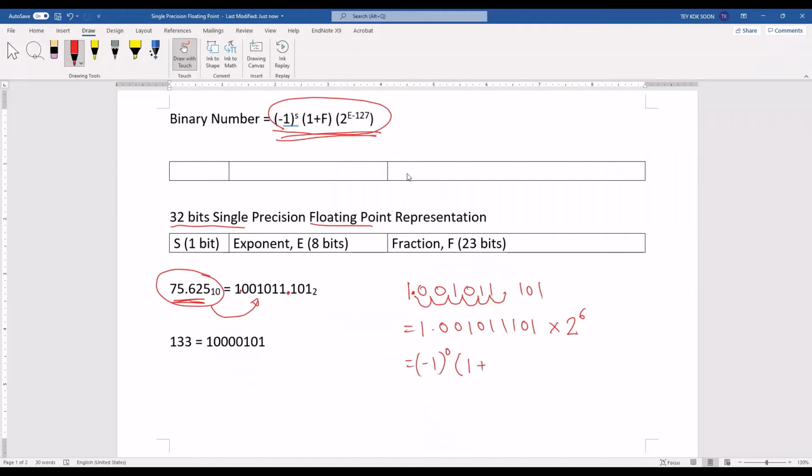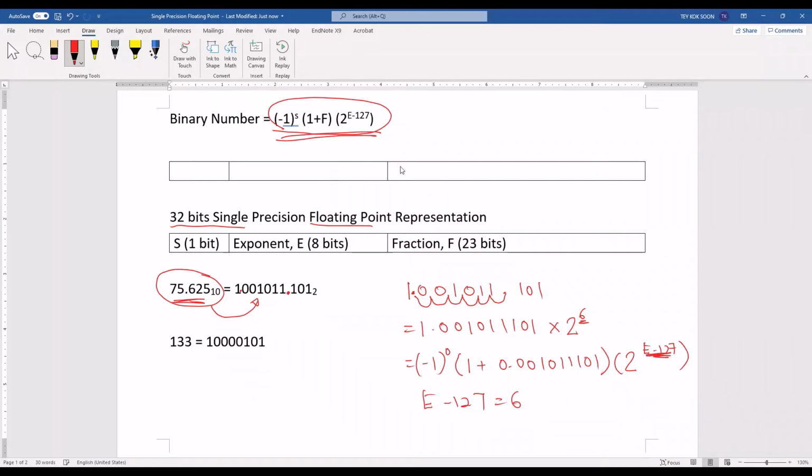So the fraction here is all the digits after the point. So it's equal to 1 plus 0.00101101. This is the fraction. Then multiply with 2 to the power of e minus 127. So e minus 127 should be equal to 6, according to this, right?